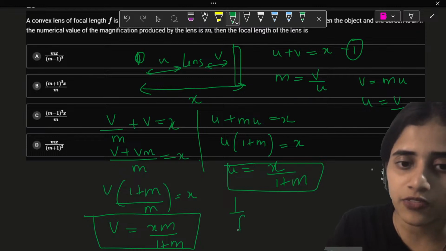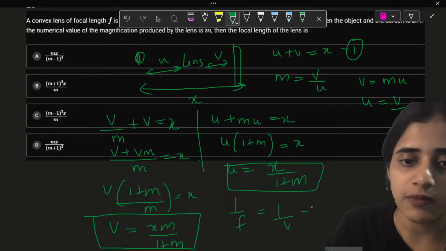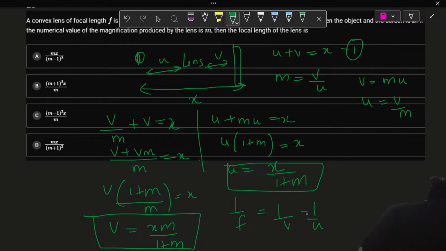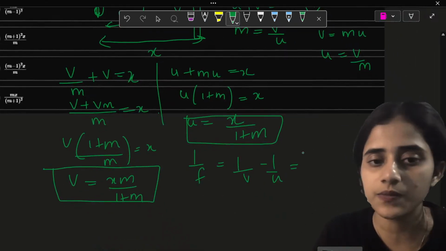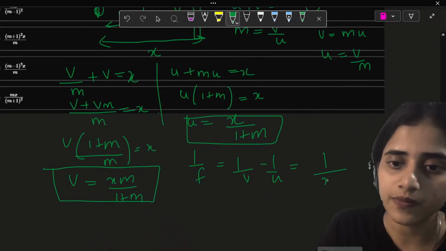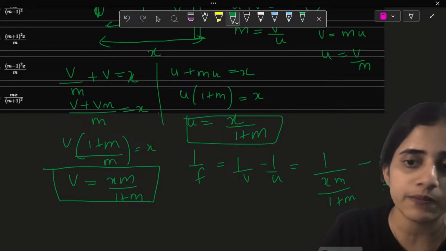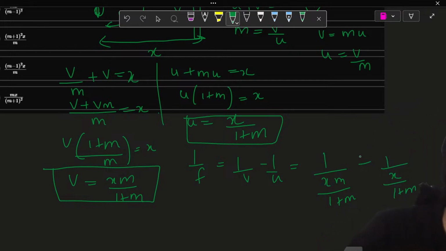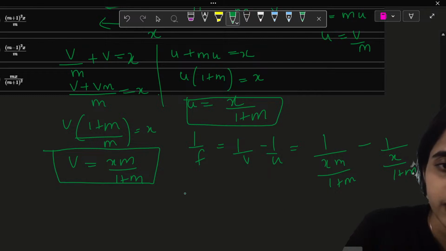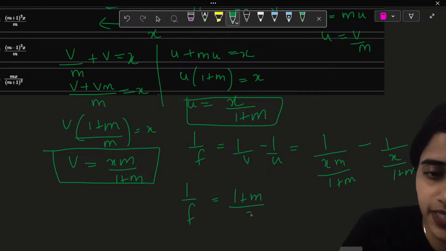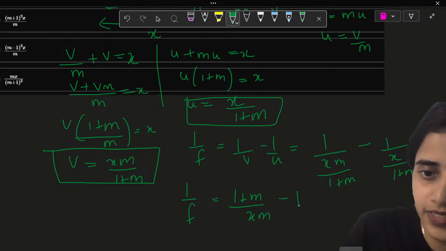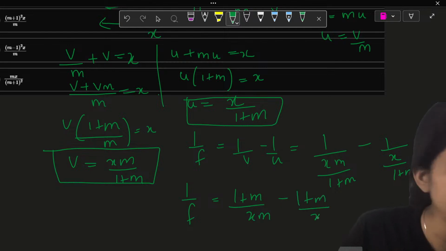Now, 1 by f is equal to 1 by v minus 1 by u, which is 1 by xm divided by 1 plus m minus 1 by x divided by 1 plus m. 1 plus m, 1 plus m. So 1 by f is equal to 1 plus m by xm minus 1 plus m by x.